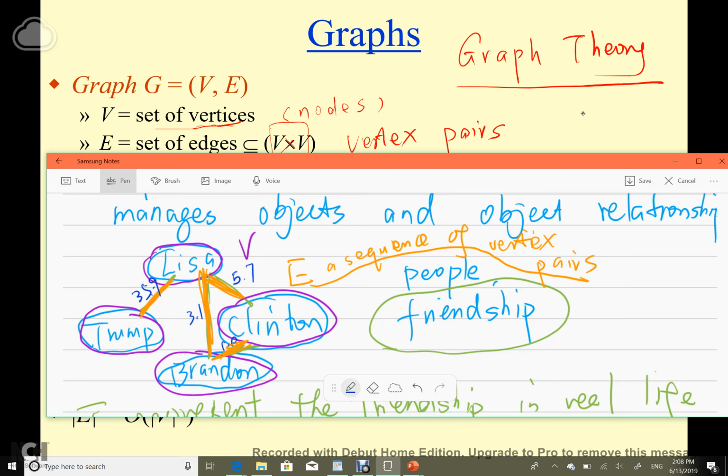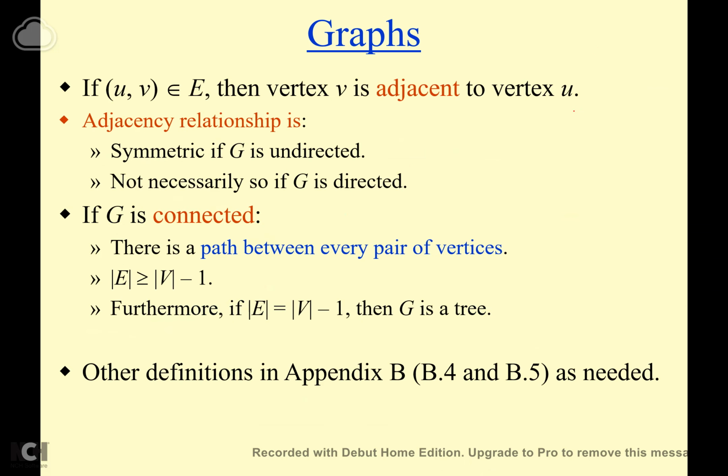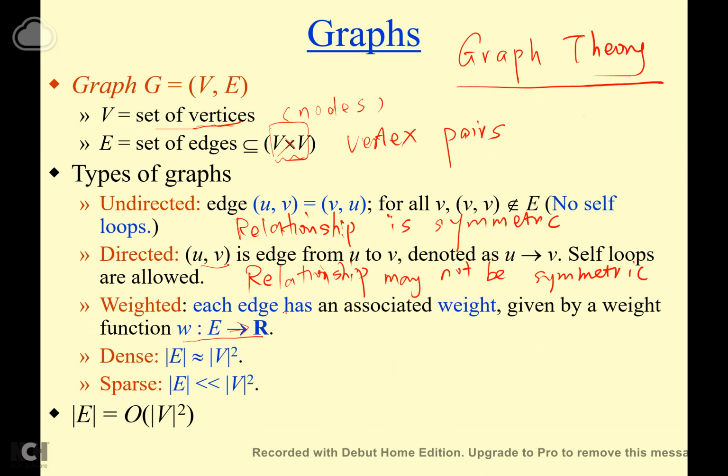So once you have a weight associated with each edge, that corresponds to a weighted graph. In graphs, sometimes we see dense graphs and sparse graphs. A dense graph is one where each node is related to almost every other node, and a sparse graph is the opposite. Why does it make sense?